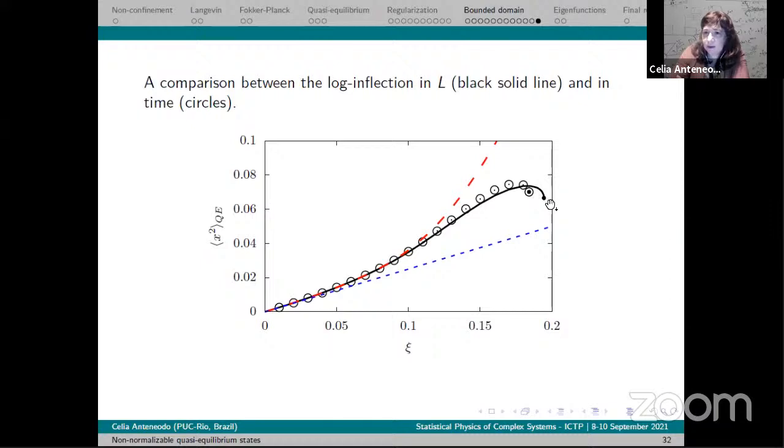They do not coincide, but in the region where they are expected to give good results, that is when the relative temperature is sufficiently low, there is a coincidence between these results and those obtained here for the exact calculation from the numerical integration of the equation. This, for comparison, is the harmonic approximation.